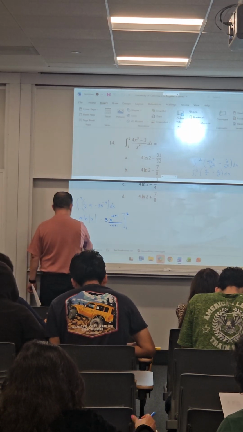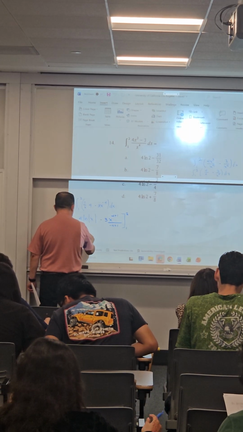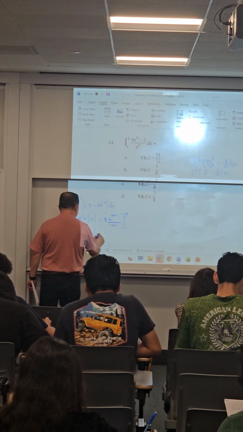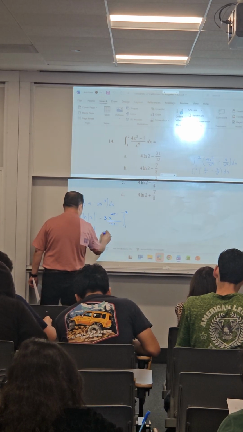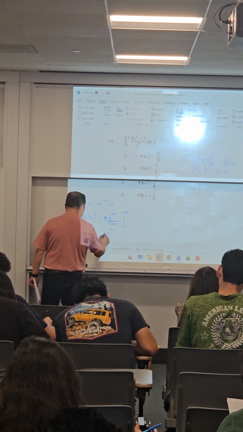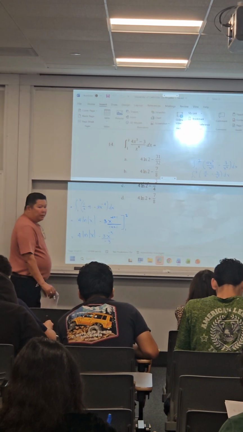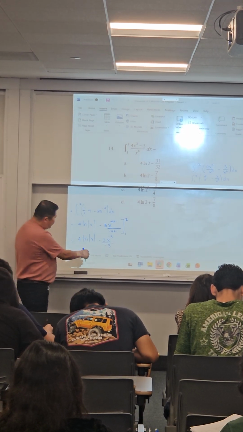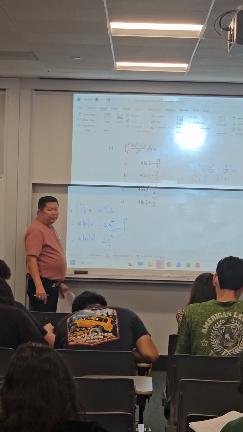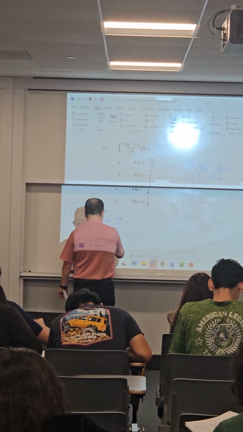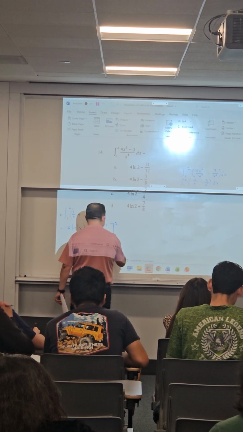So we have to clean this up. 4 ln x minus 3x to the power of negative 3 over negative 3. And then this turns to positive, right? Okay. Evaluate it from 1 to 2.